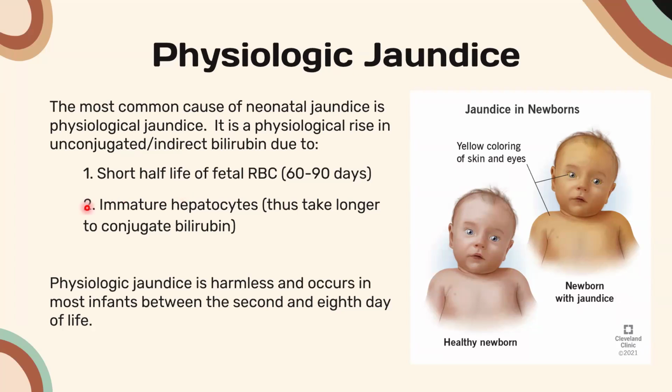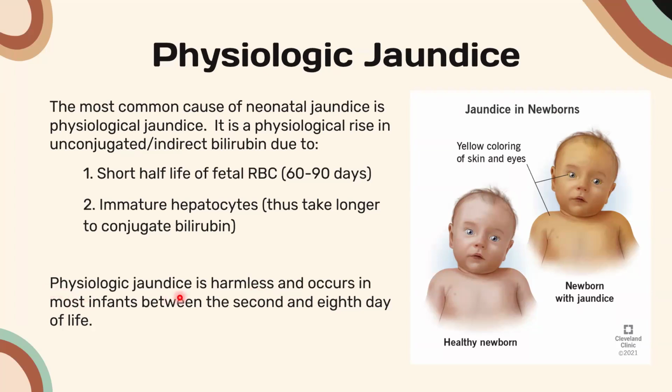And the second is that there are immature hepatocytes. So not only are the red blood cells being broken down quicker than they would in an adult, but also the hepatocytes are not used to processing the unconjugated bilirubin. So you have immature cells and a lot of indirect or unconjugated bilirubin. That is why there's an increase in the indirect bilirubin, which is why you have the jaundice.